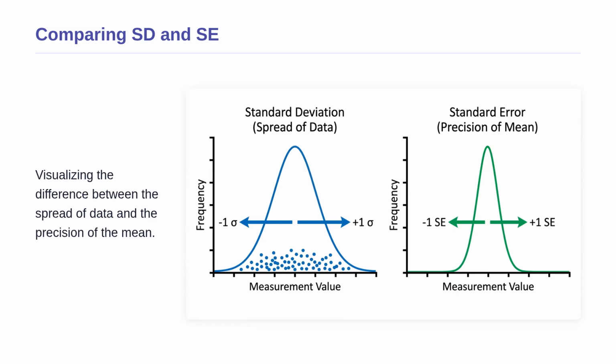The narrow green bell curve represents the standard error. It is much tighter because it shows the distribution of sample means, not individual points. The standard error will always be narrower than the standard deviation because averages fluctuate much less than individual measurements. This diagram perfectly illustrates how standard error gives us a precise target for the true population mean.